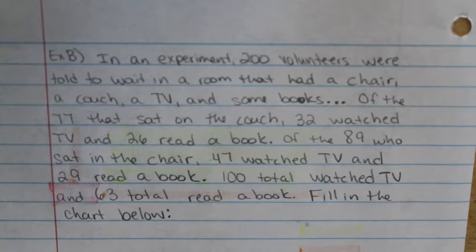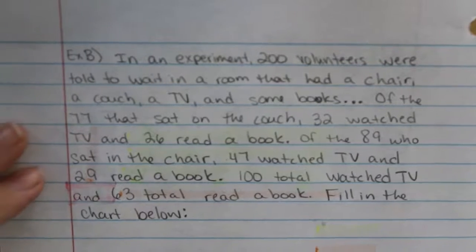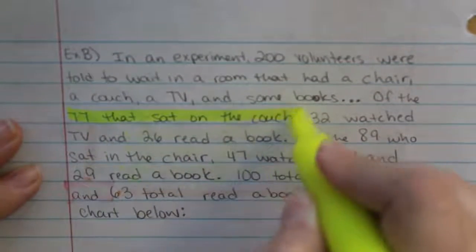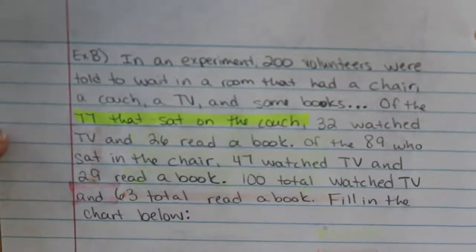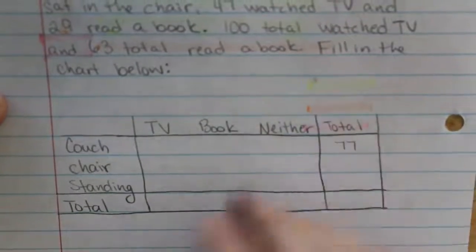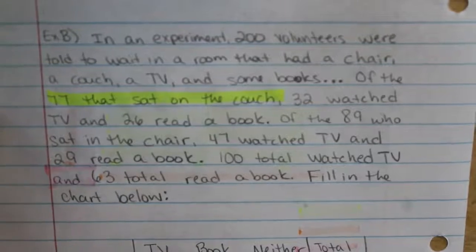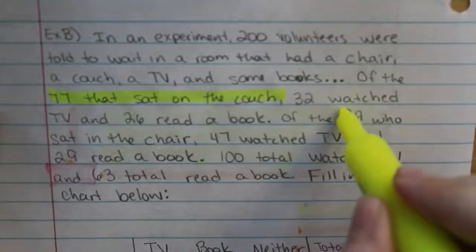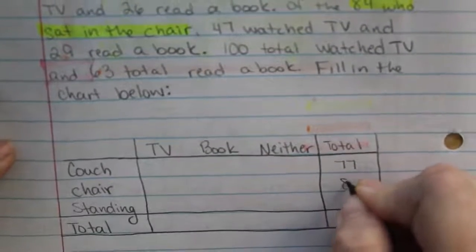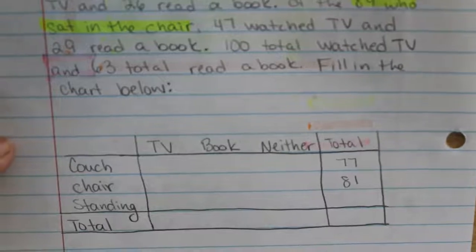So the first thing we need to do is see how many things we know. So we know that 77 sat on a couch. So I'm going to go to couch down here, and I'm going to put my total as 77. We also know 89 sat in a chair. So I'm going to go to my chair, and I'm going to put 89. Ooh, I put 81.